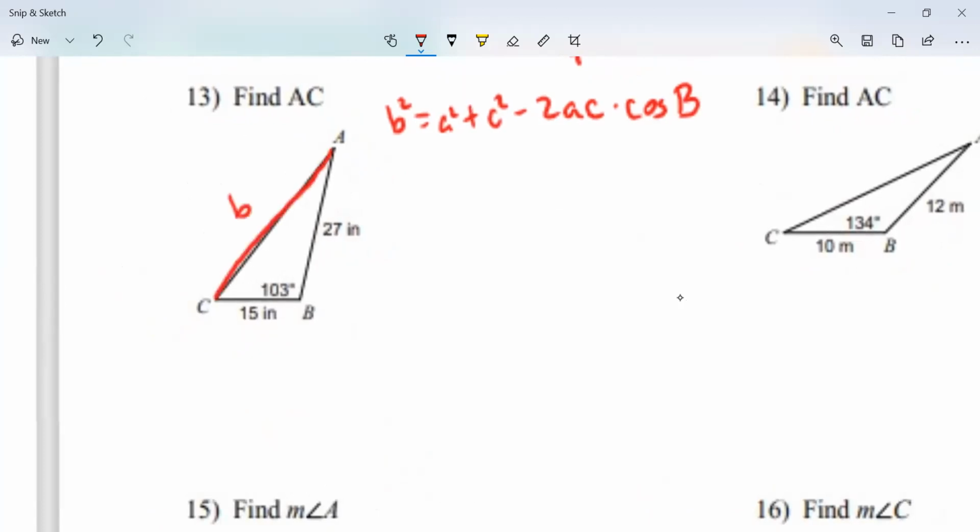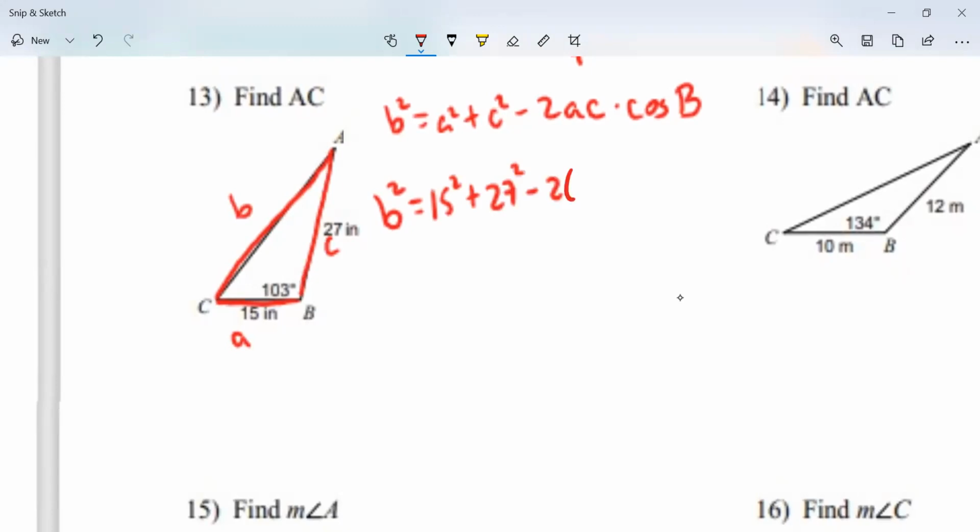I'm looking for side B. I don't know what B is, so I'm just going to write this as B squared is equal to, I know 27 is side C, and I know 15 is side A. So I'm just going to go 15 squared plus 27 squared minus 2 times 15 times 27 times cosine of 103. I know it's kind of lengthy.